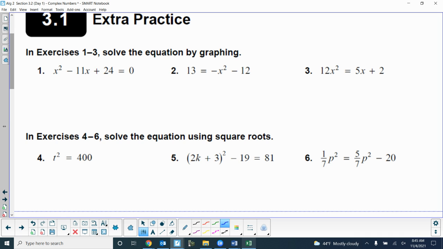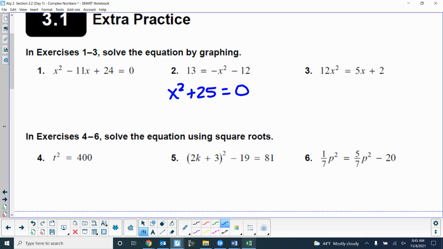So I get x squared plus 25 equals 0. That could be a typo. Maybe it was supposed to be 12x, but the x isn't there, so we'll just do it like this.